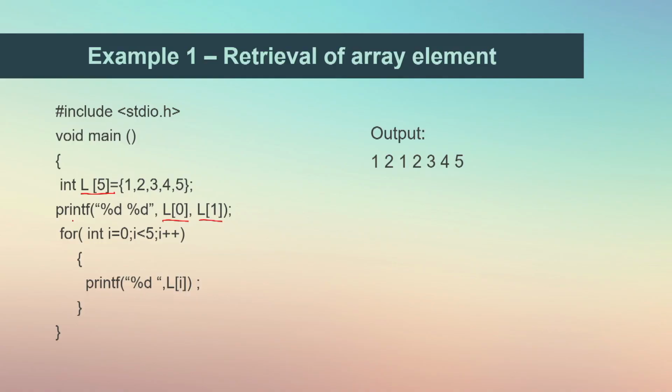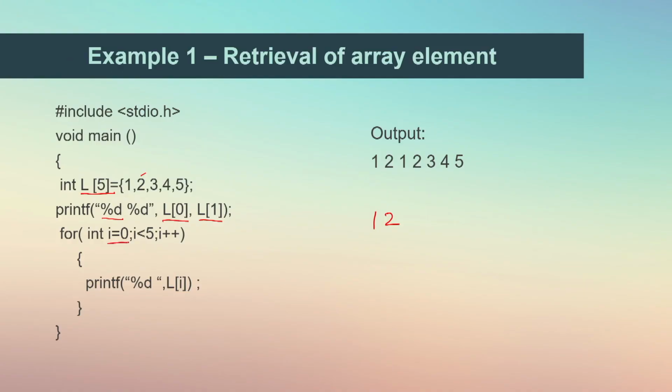L of 0 will print the first element since it is given as input in the printf statement. The first %d will be replaced with L of 0, which has the value 1. The next is L of 1, which has the value 2. So the first 2 elements are displayed, and then it goes on with the loop.